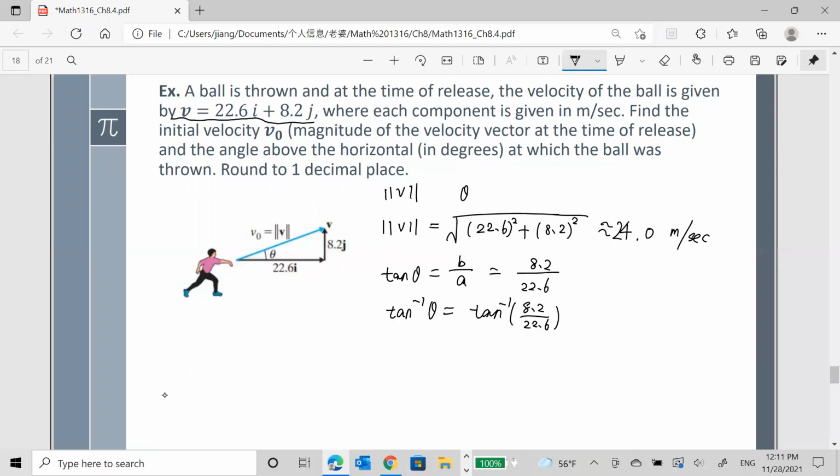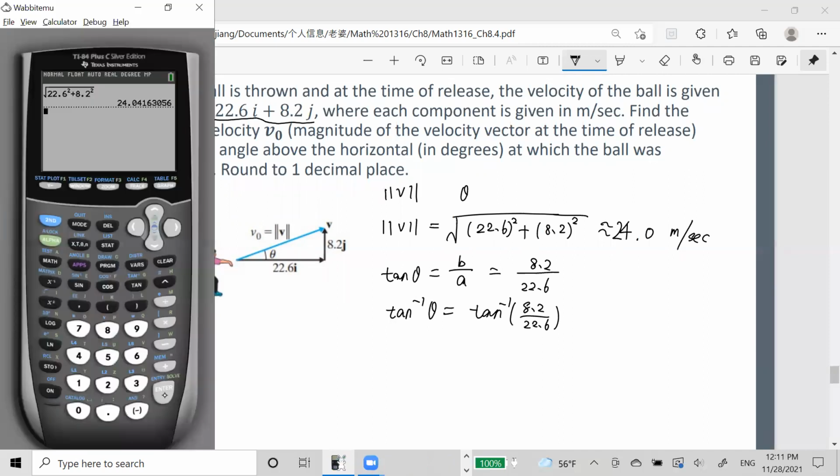Let's see what the angle of this vector is. So inverse tangent of 8.2 divided by 22.6, and then hit enter. Remember, your calculator must be in degree mode.